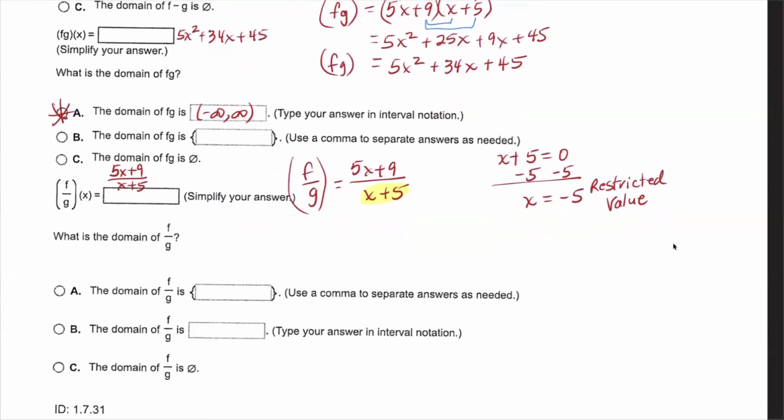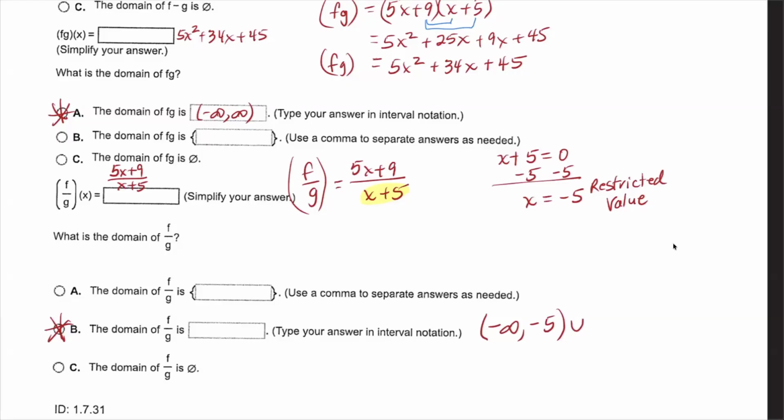So how do we exclude the number from interval notation? Well, by using the union symbol. So the domain is going to be in interval notation. So we check off B, and it's going to look like negative infinity all the way to negative 5, but we have to skip over the negative 5.